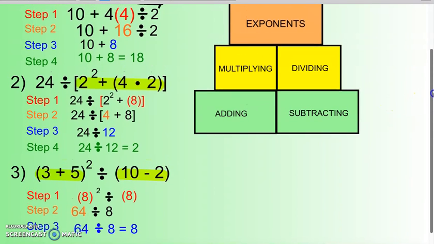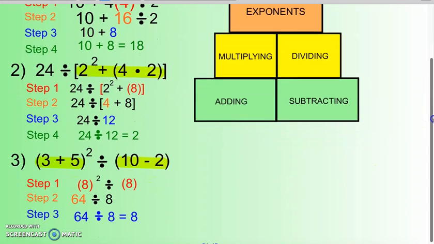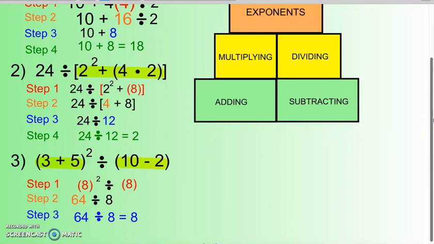So the first one, we have 3 plus 5, and that's 8. And the second one is 10 minus 2, and that's 8 as well. Where does the 64 come from? Yeah, 8 to the second power is 8 times 8, so that's 64. So 64 divided by 8, which is our last step, is 8.